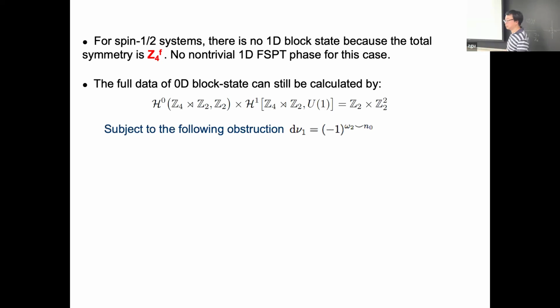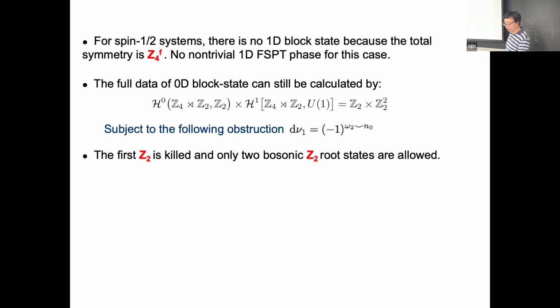So in this case, you can see it's obstructed. It will kill one Z2 root phase, which physically means decorating the 0D block with odd numbers of fermions is not allowed if it's a non-trivial extension. It's also easy to understand, because with Z2F a non-trivial extension over D4, you only have 2 non-trivial 1D representations, not 3. Only Z2 squared, two non-trivial root phases, not 3.